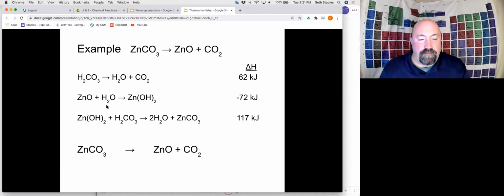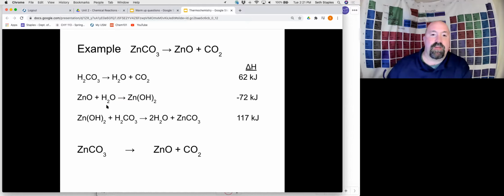So in this example, we want the enthalpy information for zinc carbonate decomposing into zinc oxide and carbon dioxide. So we're going to go through the same process. And so we want to start looking first to get all of our reactants and products on the side that we want them to be on.